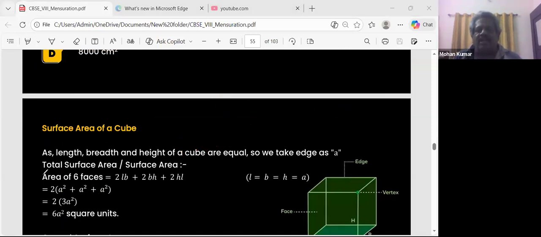As length, breadth, and height of a cube are equal, so we take them as A. That is the reason why we are taking L equals B equals H equals A. Now, total surface area is 6A square. Remember this equation.